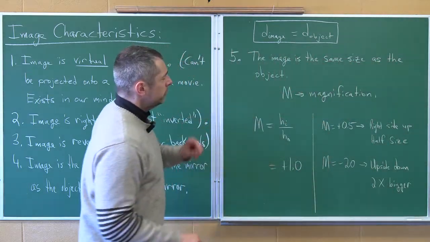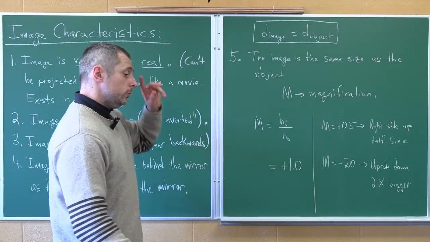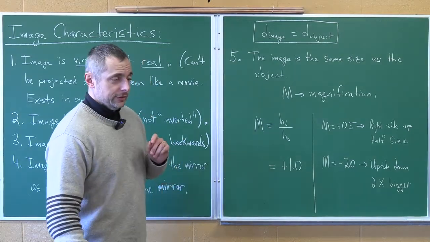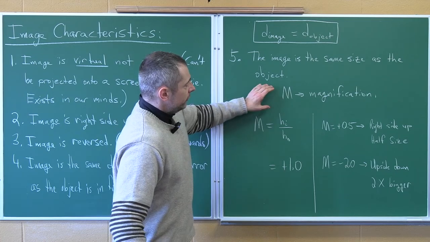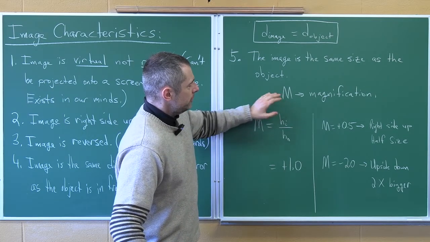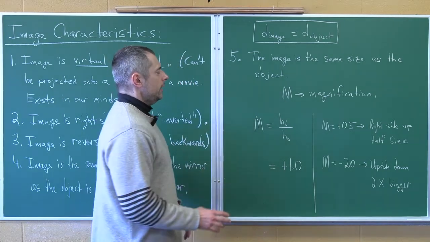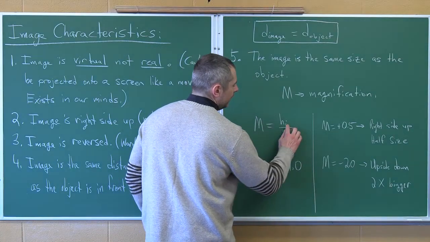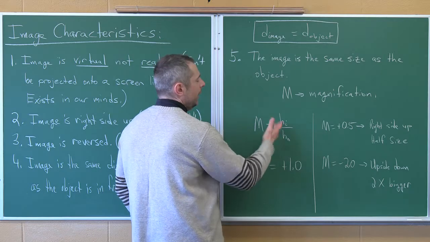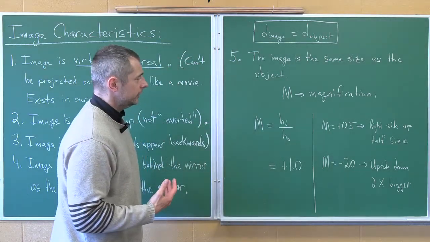All right, continuing on, fifth point. The image is the same size as the object. Now, to quantify the changes in size, what physicists do is they define something called magnification, symbol capital M. It's a ratio of the height of the image over the height of the object. I didn't write image and object, but you could if you want. I just did a shorter notation like that.